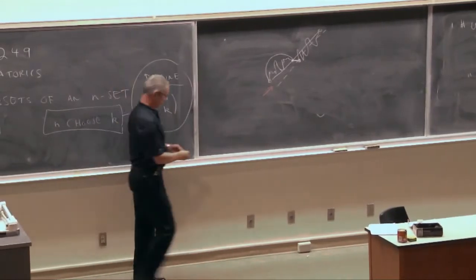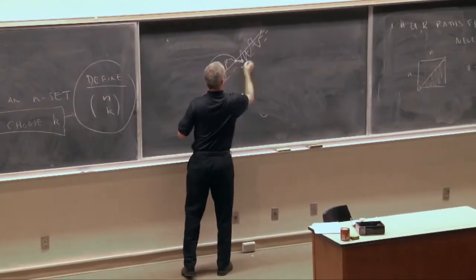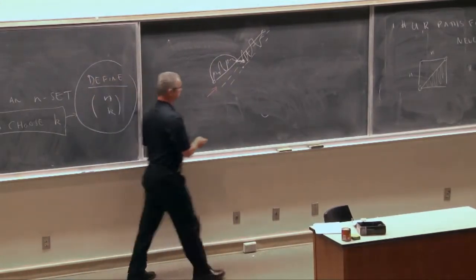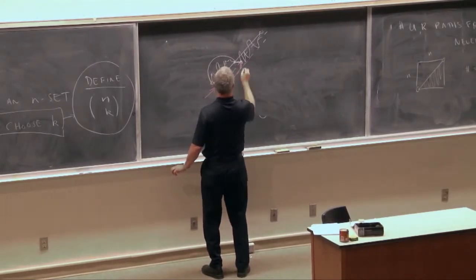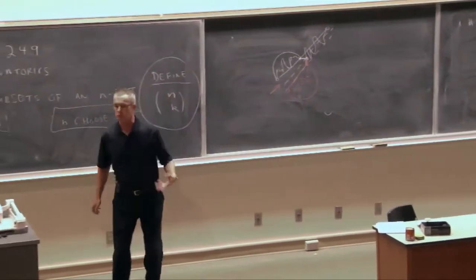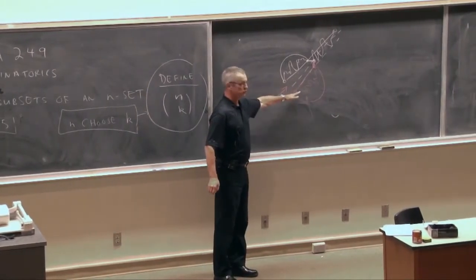Suppose that I, with all the power that I have, deem that I'm going to take this and reflect it about the line y equals x minus 1. So y equals x becomes y equals x minus 2.